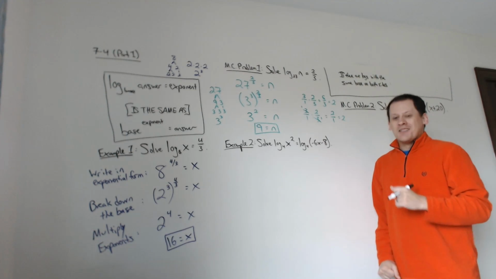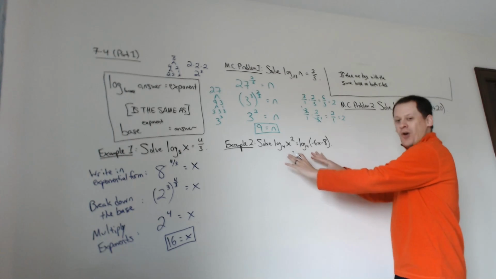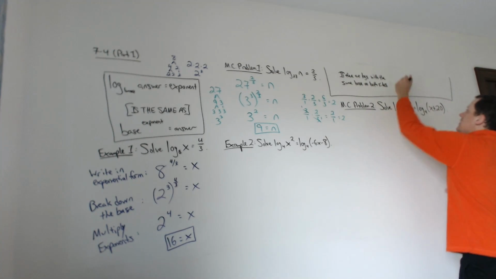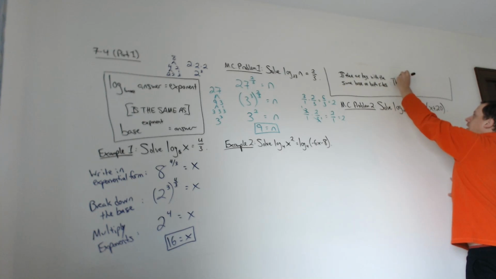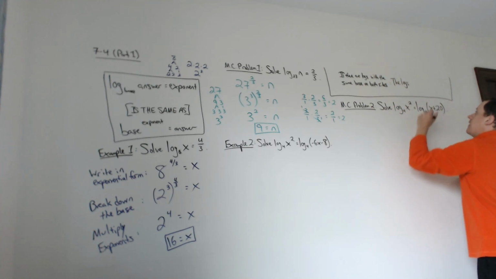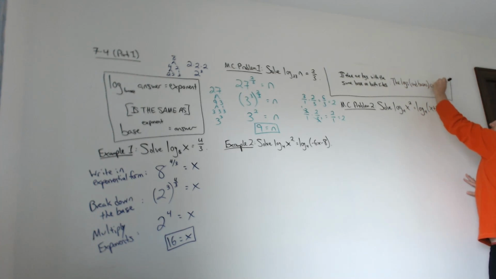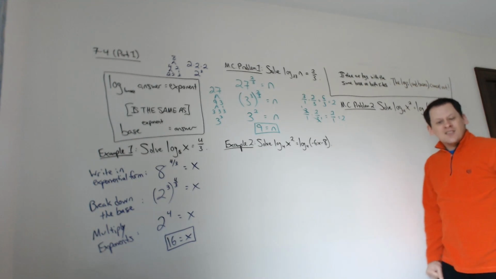I love solving problems like this because what you're allowed to do, you can take the logs and the bases that go with them, and you can cancel them out.